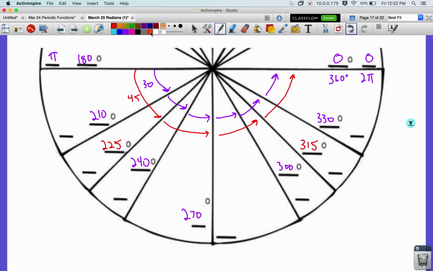And we've got to convert each of these to radians. Where we added 30 degrees, we're really just adding pi over 6 radians. So this one becomes 7 pi over 6. This one becomes 8 pi over 6, which simplifies to 4 pi over 3.